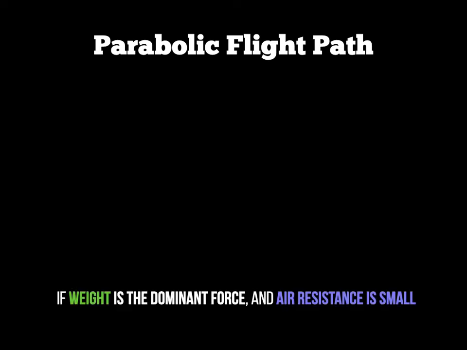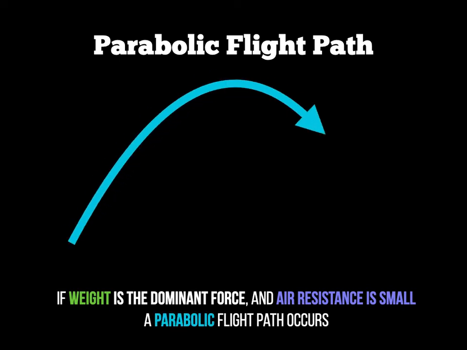A parabolic flight path occurs if the weight of the projectile, for example a shot put or another object, is the dominant force, so it's a very heavy object, and the air resistance is less than the weight of the object, so the air resistance is small, then we get a parabolic flight path. And that parabolic flight path would look like that.